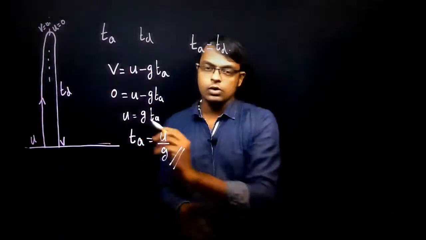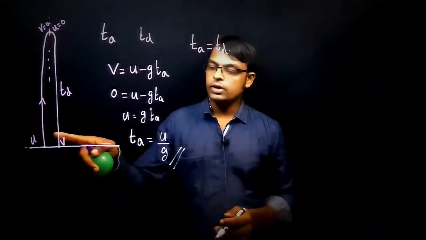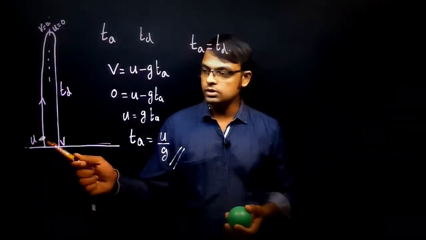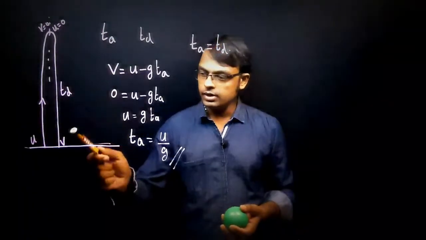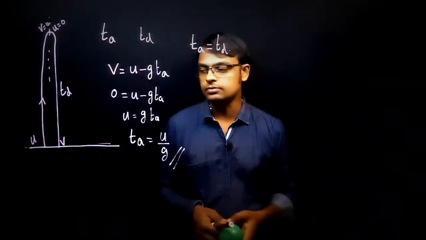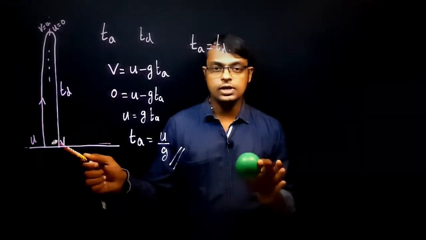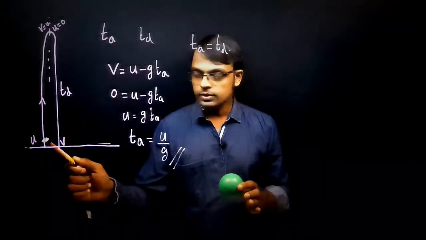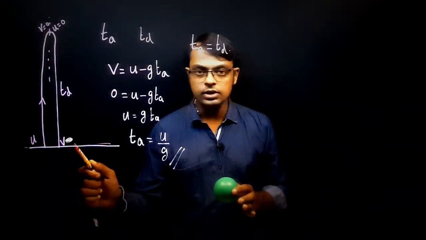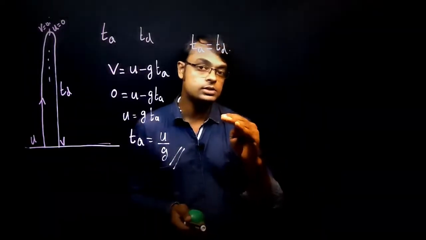Next equation we require here. While it is coming downward or while you are projecting upward, you require a velocity. While you are projecting upward, that velocity is called U here, and while it is coming downward we have marked velocity V. You can denote it in any other letter. If air resistance is not considered, the projection velocity U and the reaching velocity V will always be equal.